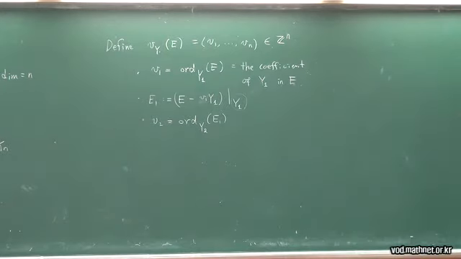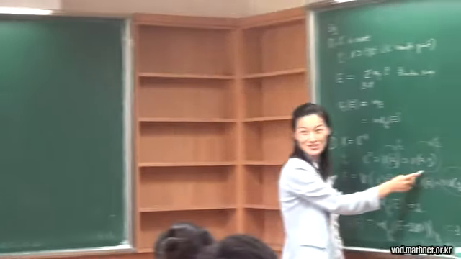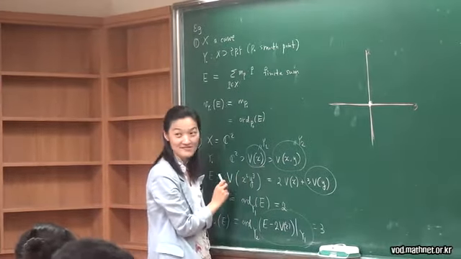So Y1 here is the y-axis. This is the origin, the points where x vanishes.